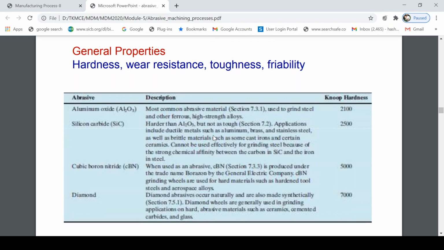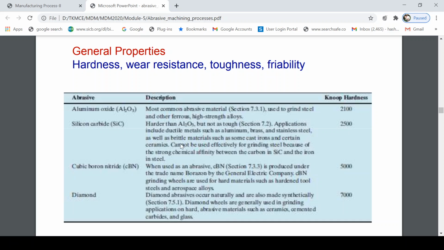abrasive materials are aluminum oxide, which is the most common abrasive material used for grinding steel and other ferrous and high strength alloys. Then another abrasive material is silicon carbide. It is harder than aluminum oxide but not as tough, and its applications include ductile materials like aluminum, brass, and stainless steel.